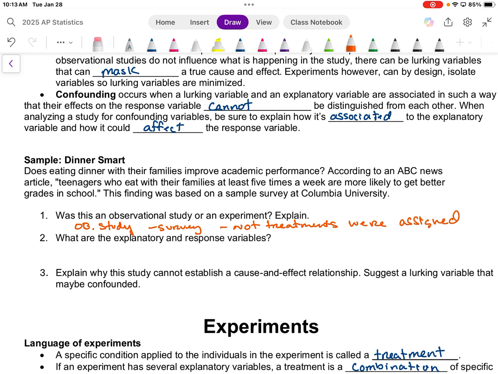Okay. What are the explanatory and response variables? What do you guys think? What's the explanatory?